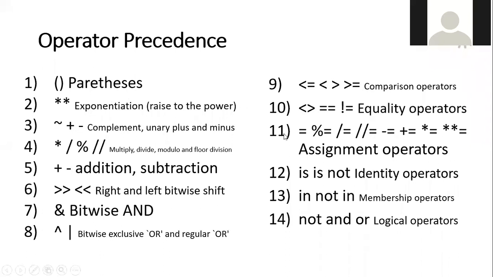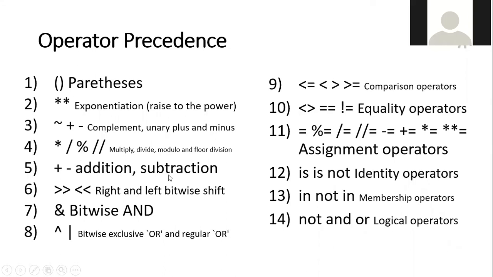So the hierarchy is, parenthesis, ang mauna, level 2, exponent. If you have unary or complement, pero disregard this one, we don't have this. Level 4 is multiply, divide, modulo division, and floor division. Okay? Lahat ng division and multiplication, magkaka-level sila in level 4.